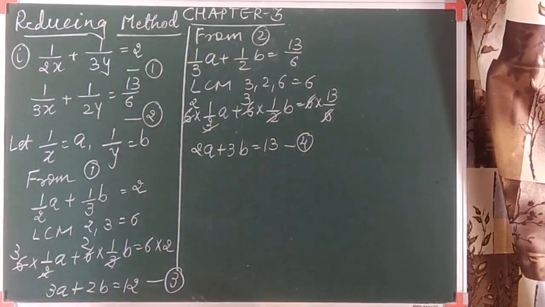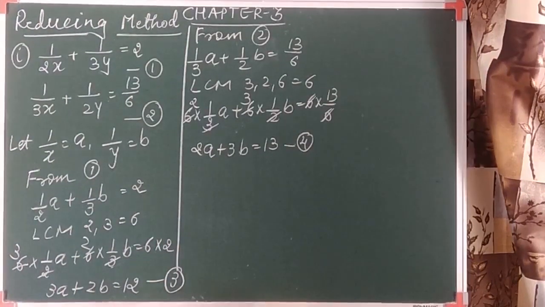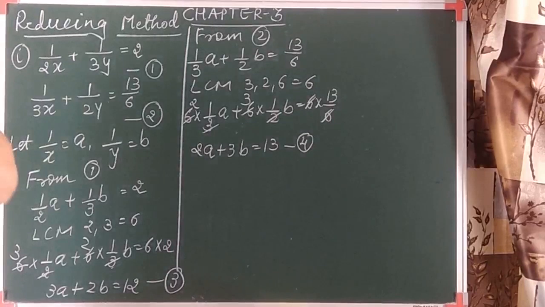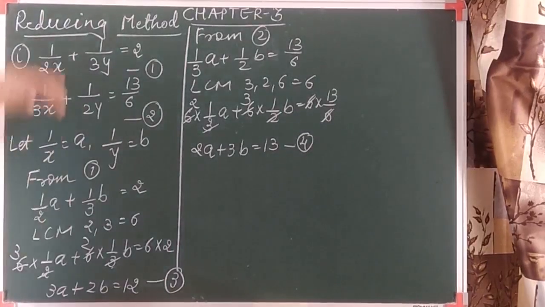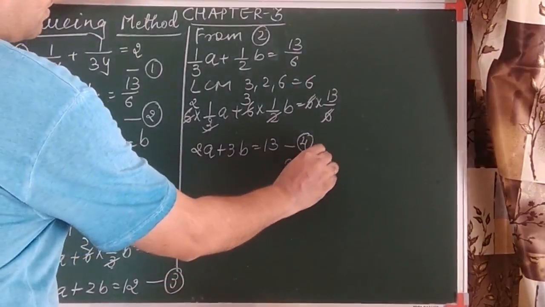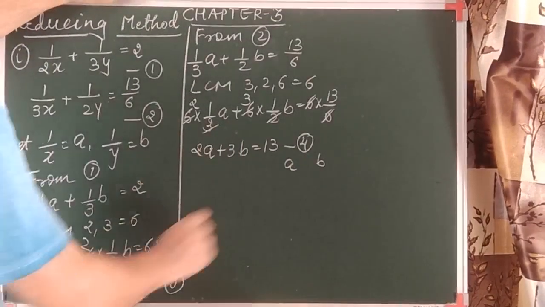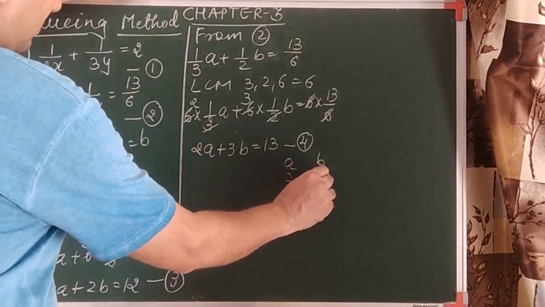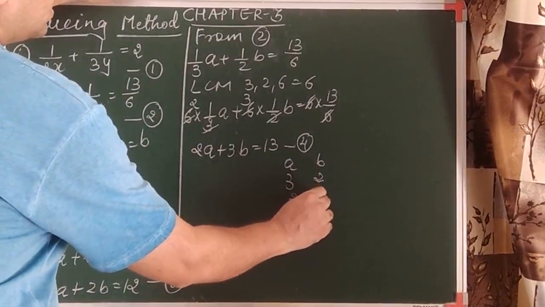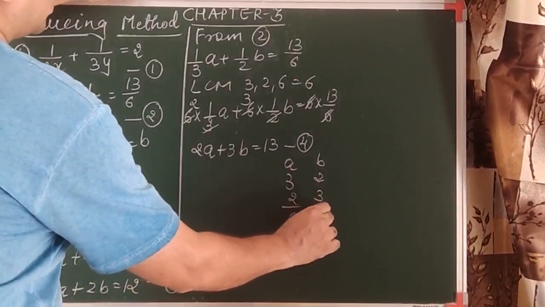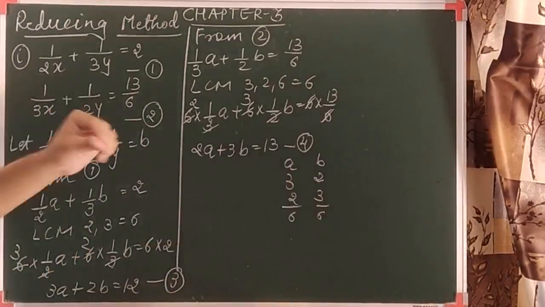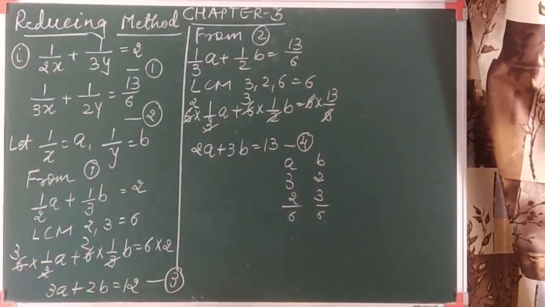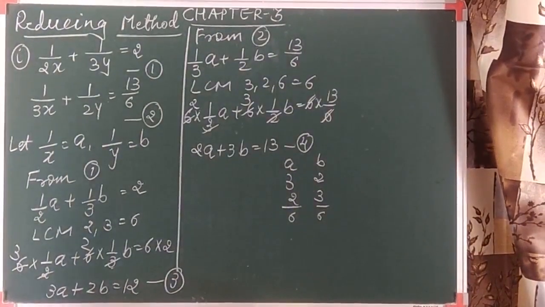So let us recall the elimination method. In the elimination method, we have to make one of the variable coefficients the same. The coefficients of a and b in the 3rd and 4th equations are 3 and 2, and 2 and 3. Again, none of the variables has the same coefficient, so let's make them equal and do the elimination.